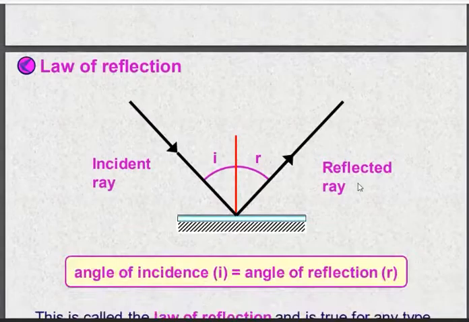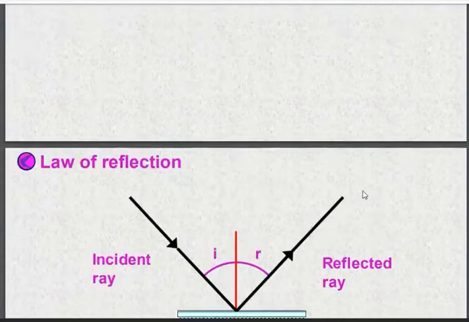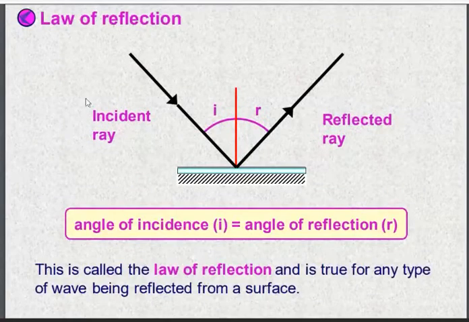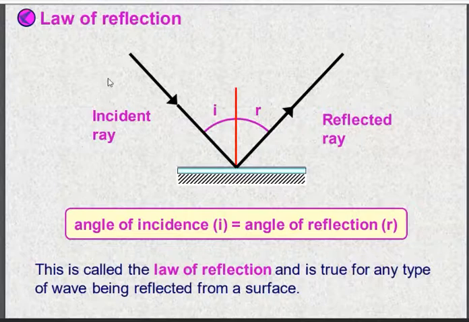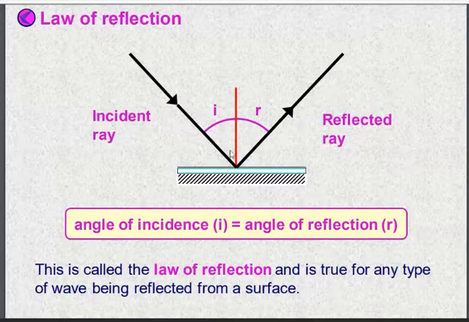Plane mirror and reflection from a plane mirror, and you will come to know the law of reflection. You see here, this is the incident ray coming towards the mirror. This is a plane mirror. This is the glass, and beneath the glass there is a dashed line, which indicates silver.